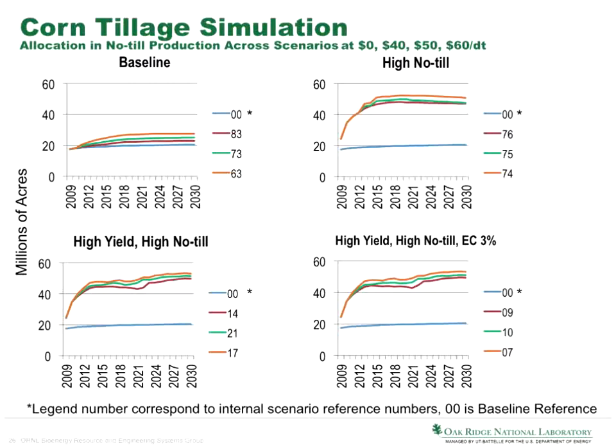So what we're looking at here is allocation of crops into the different categories. This is high no-till, acreage in no-till, across the different price levels, 40, 50, and 60. And these are just some scenarios to show how each of these sources is competing for land.